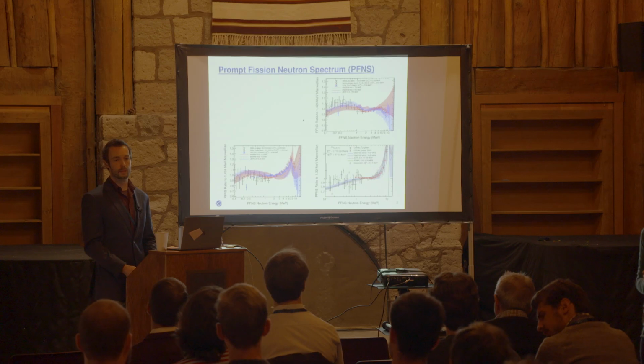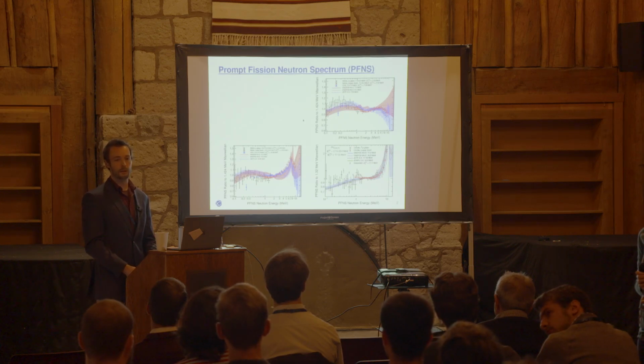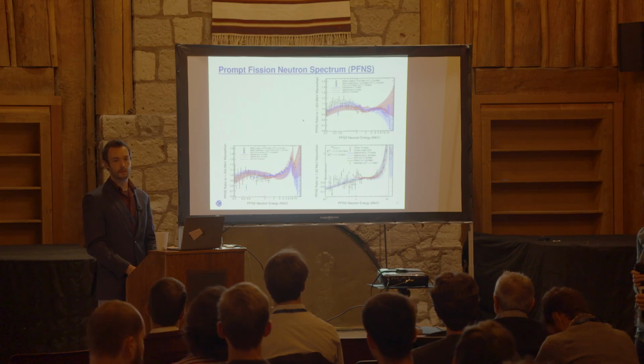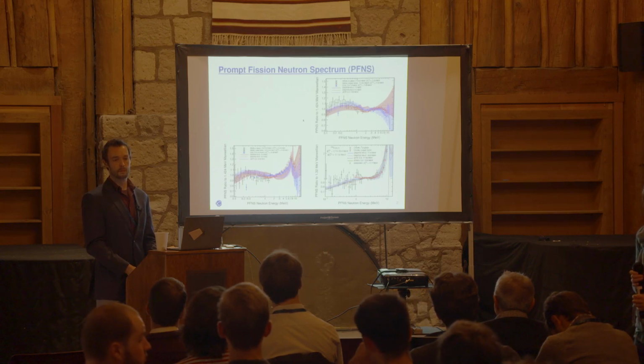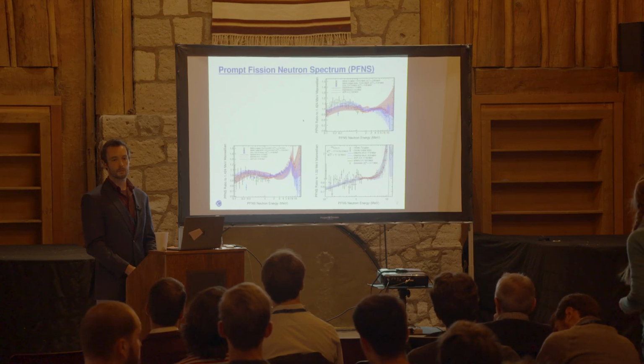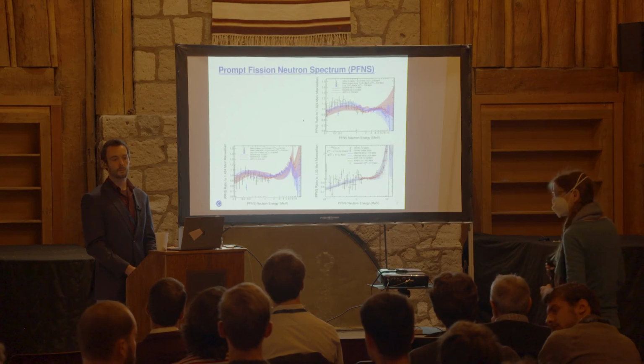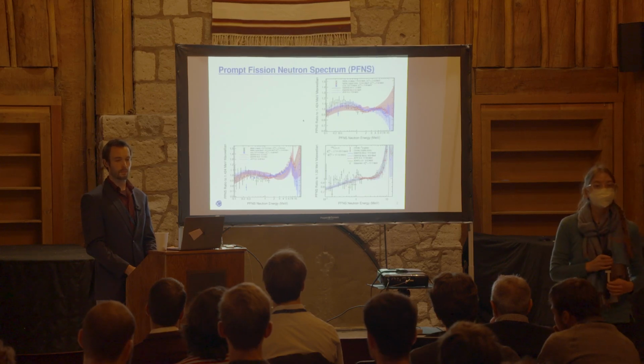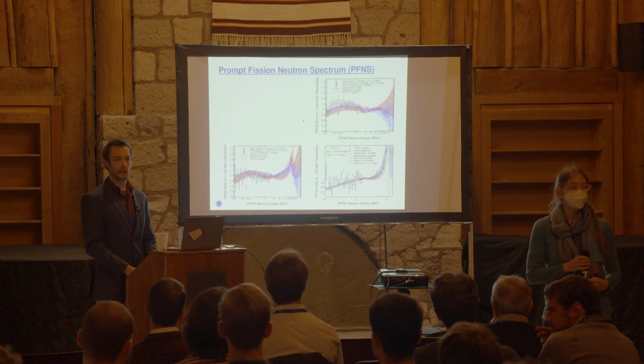So the residual excitation of the nucleus, and therefore the fission afterwards, would be different as well. I don't know the details of how they're different, though. Maybe with the mass distribution or something, you could further disentangle those processes, or no? Possibly. Yeah, I don't know.